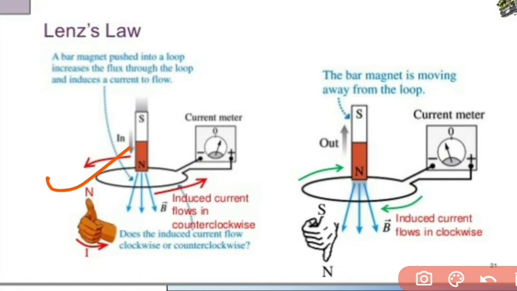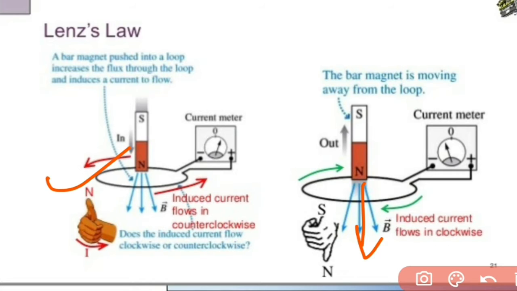Now coming to the second case, when the bar magnet is taken out, this is the direction of the magnetic field due to the north pole in the downward direction. That magnetic field is decreasing because the bar magnet is moving away from the loop.